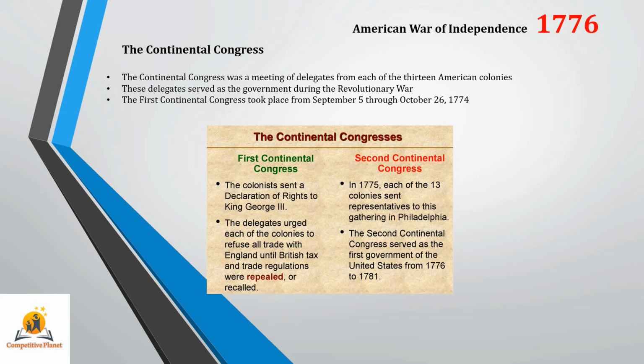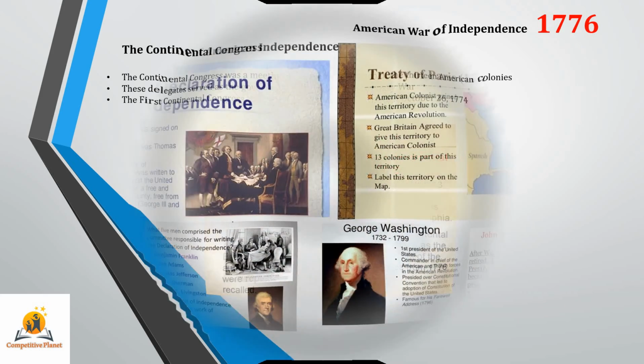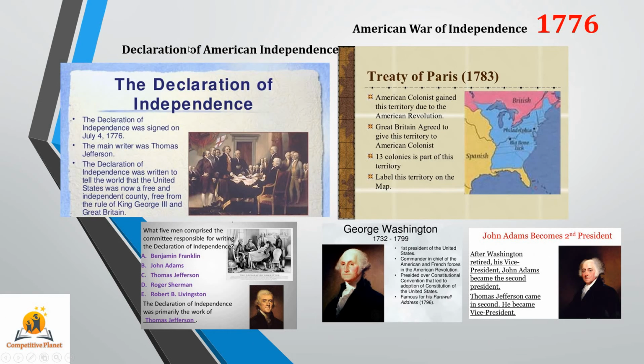So the Declaration of American Independence was on 4th July 1776, and it was drafted by Thomas Jefferson and Benjamin Franklin. The main writer was Thomas Jefferson, and Benjamin Franklin was also there as a writer.